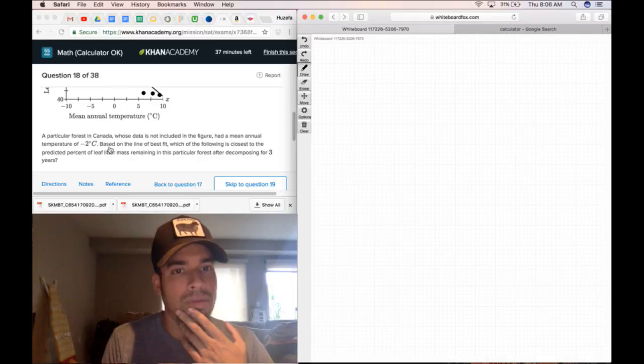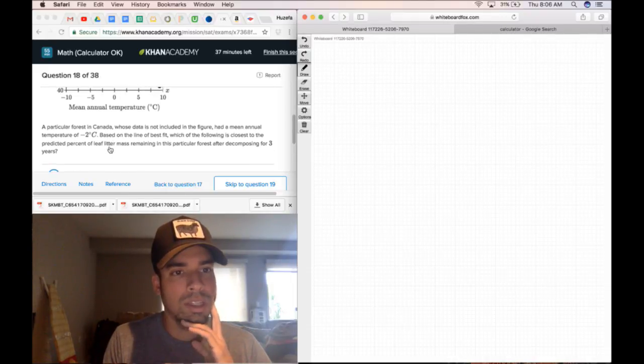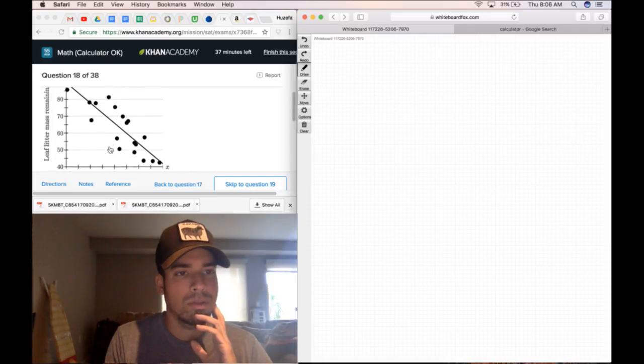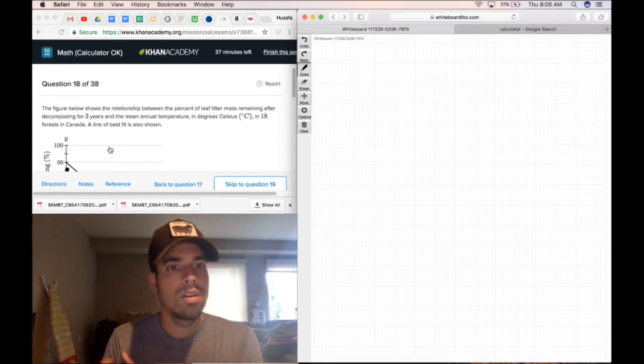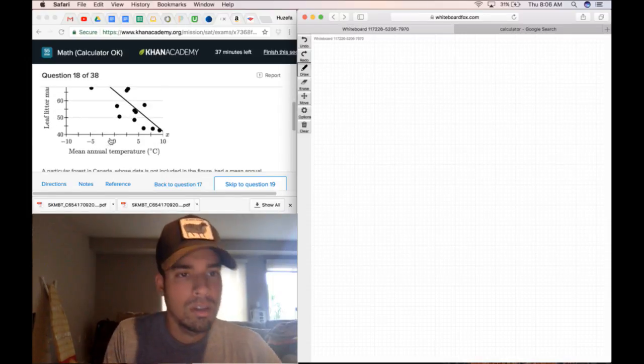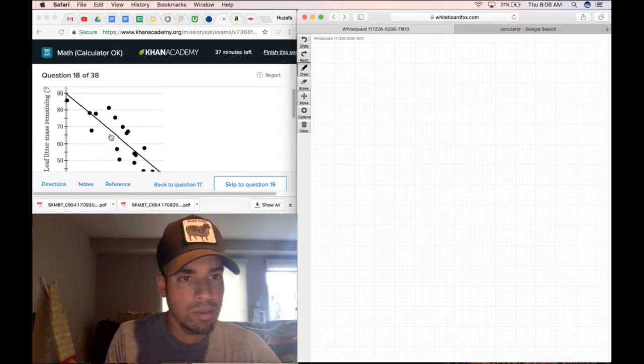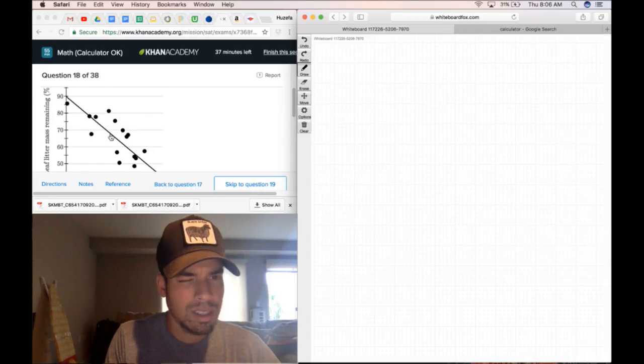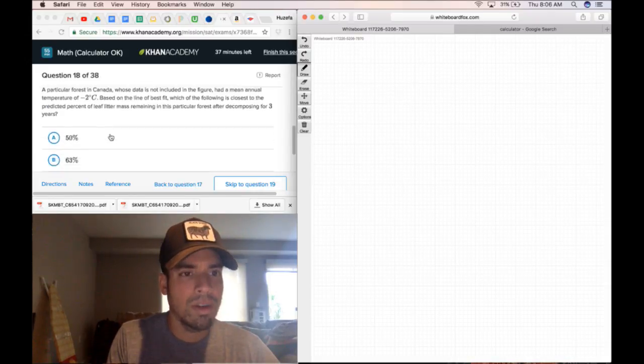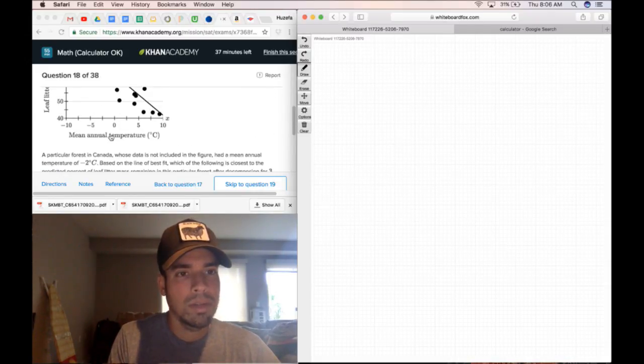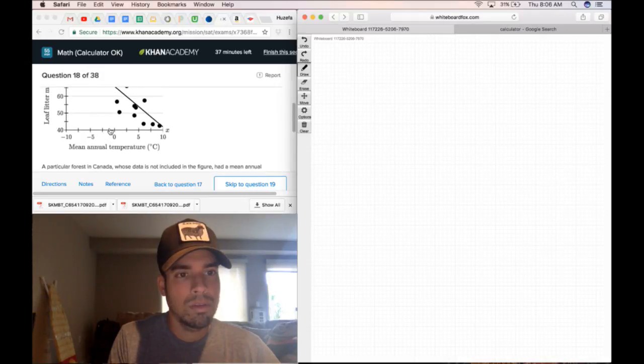Based on the line of best fit, which of the following is closest to the predicted percent leaf litter mass remaining in this particular forest after decomposing for 3 years? So this is this for 3 years? Yeah, okay. So -2, I'm going to just bring it right up here. So that's like 67.5 or something. Wait a minute. This is 2.5. Here's -2.